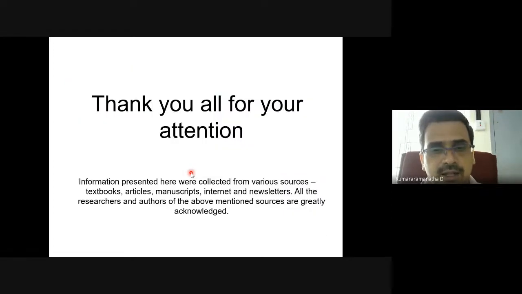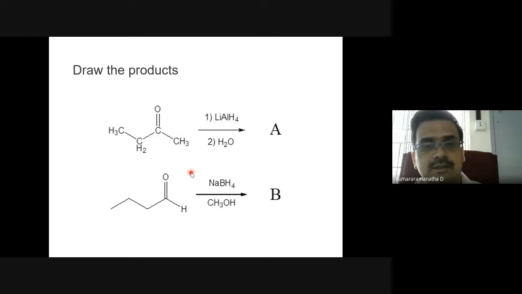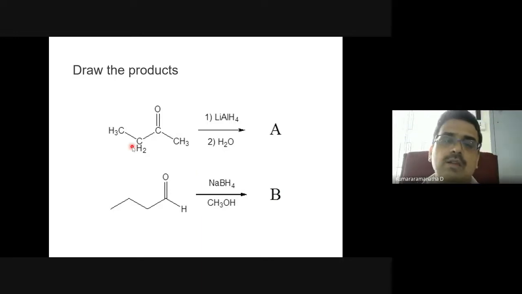Mostly we'll discuss the next reactions in our next class, and think about what the products will be for these reactions. With this we can end the class now. Are there any doubts?